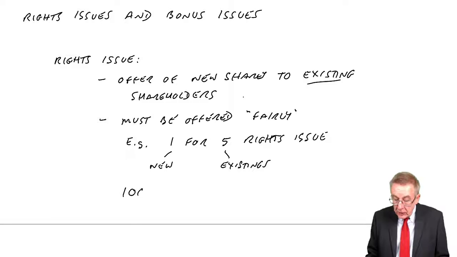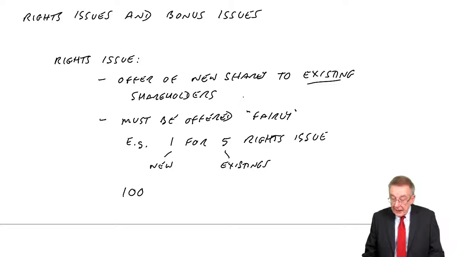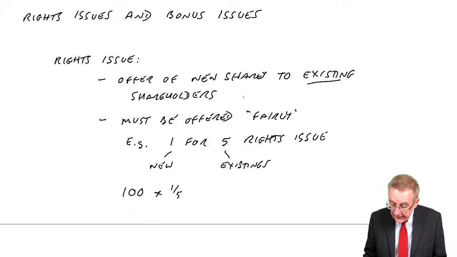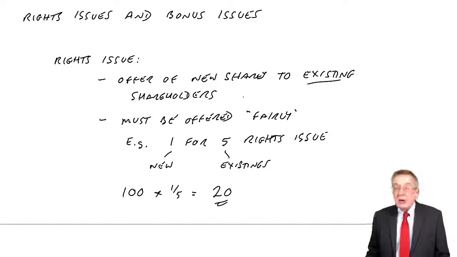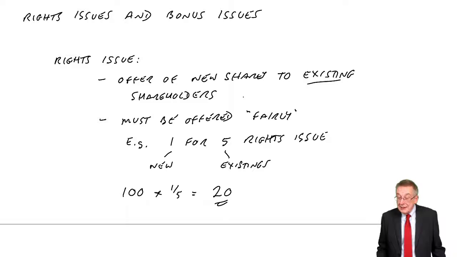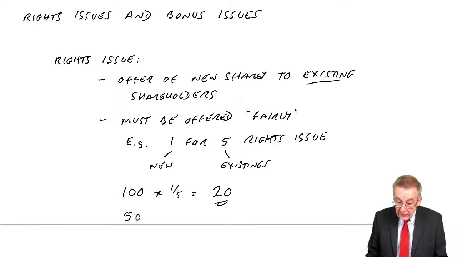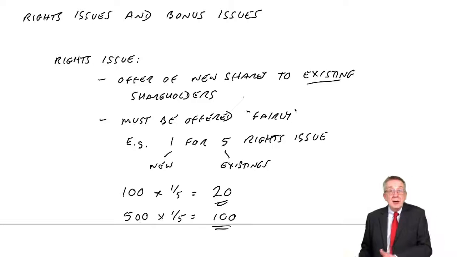So you see, if at the moment you own 100, you'll get a letter, if it's 1-for-5, saying, right, you're entitled to buy another 20 shares if you want. On the other hand, if another shareholder currently owns 500 shares, at 1-for-5, they'll get a letter offering them another 100.